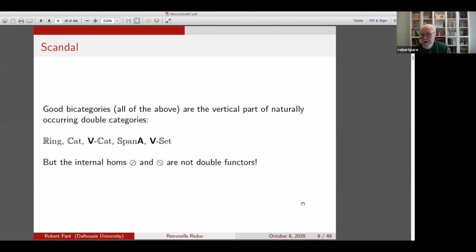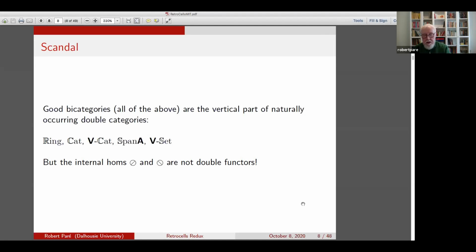Now, here, this is a scandal. It's a scandal for people who believe in double categories. Of course, for people who don't believe in double categories, then maybe it's a windfall. All the bicategories that I've mentioned there are the vertical part of naturally occurring double categories. So BIM is the vertical structure in a double category called ring.